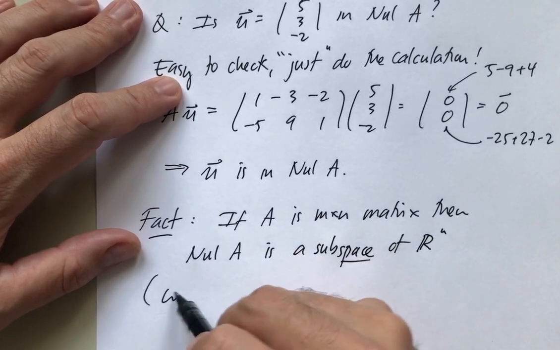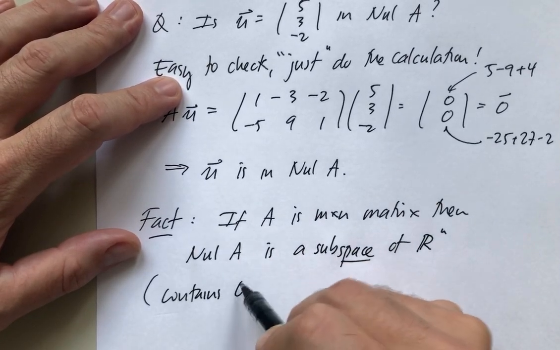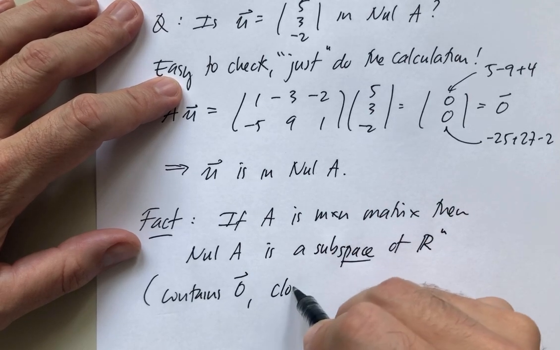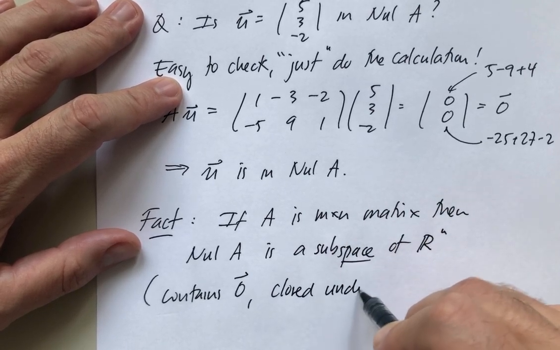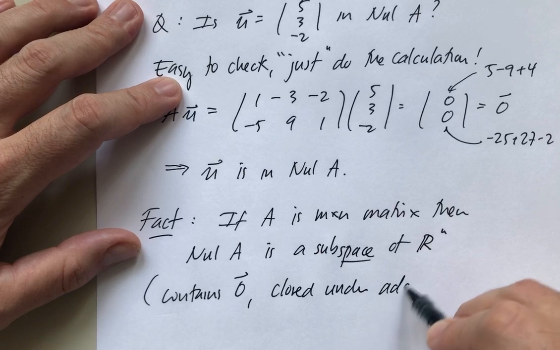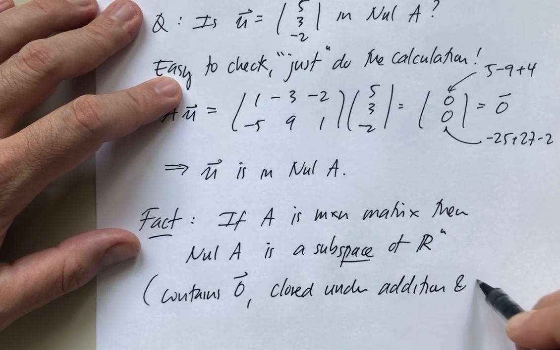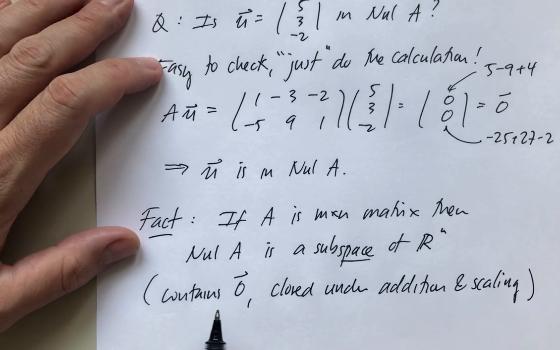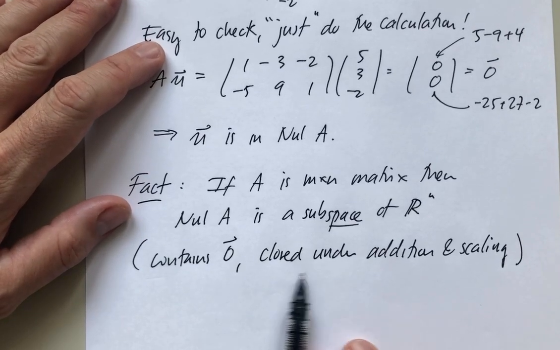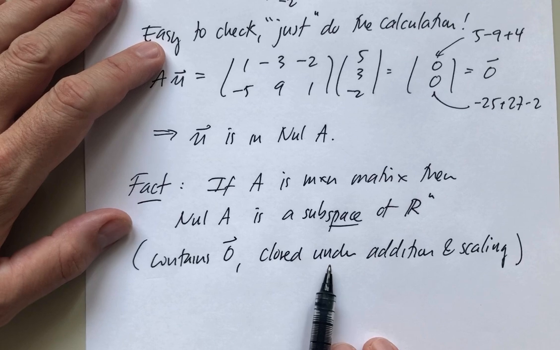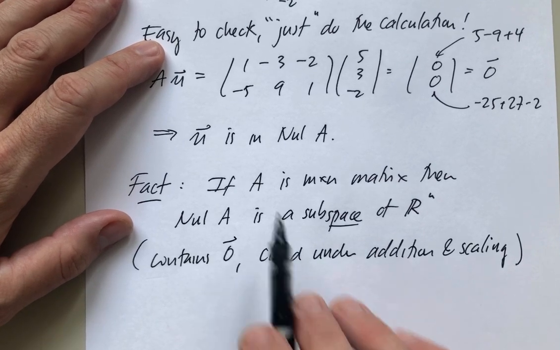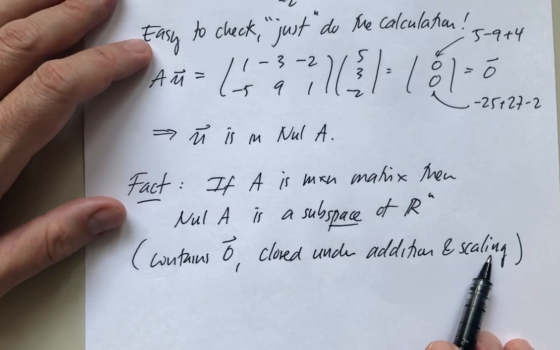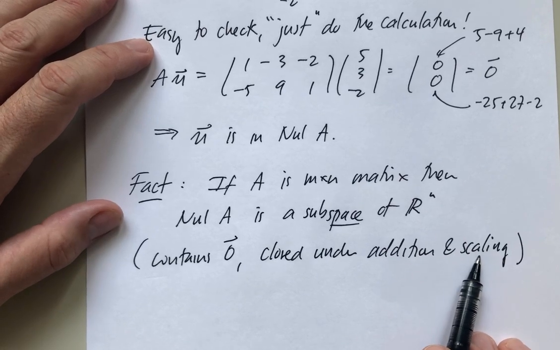I'm not going to go into the details here, but it means it contains the zero vector and it's closed under vector addition and scaling. You know now that a subspace is defined by having the zero vector and this property: if you take any two vectors in it and add them, the sum stays in it, and if you scale one of the vectors in it, it stays there.